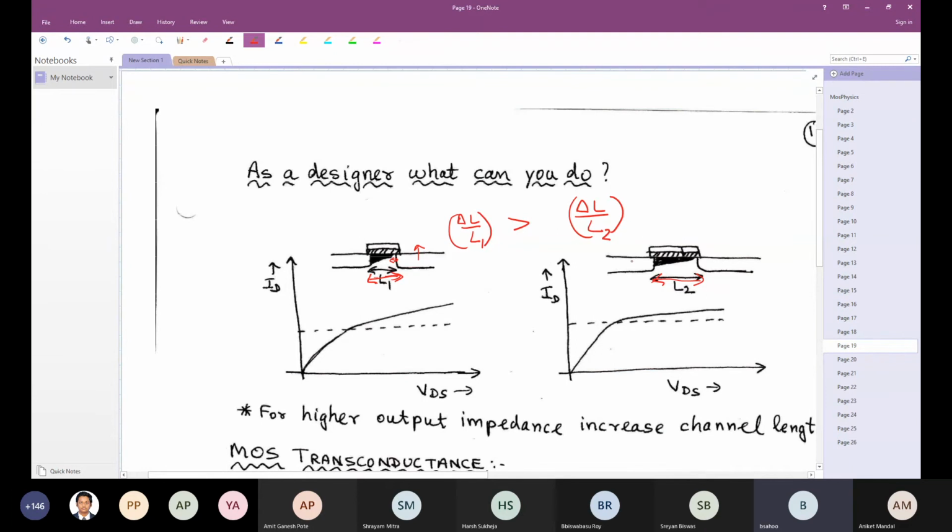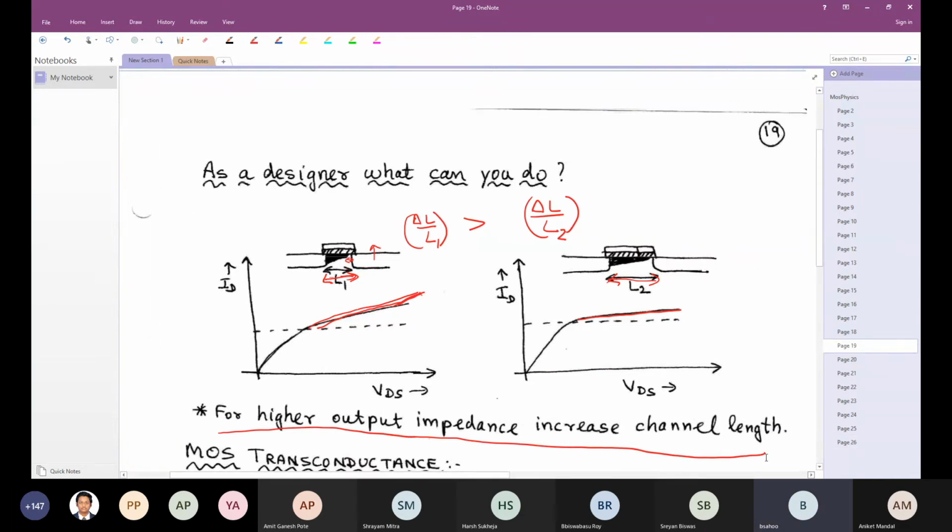So the longer channel devices will have a smaller slope, while shorter channel devices have a larger slope. Larger slope means smaller resistance, because the slope here is ID by V, which is 1 over ohms. So the bottom line is, for higher output impedance, increase channel length.